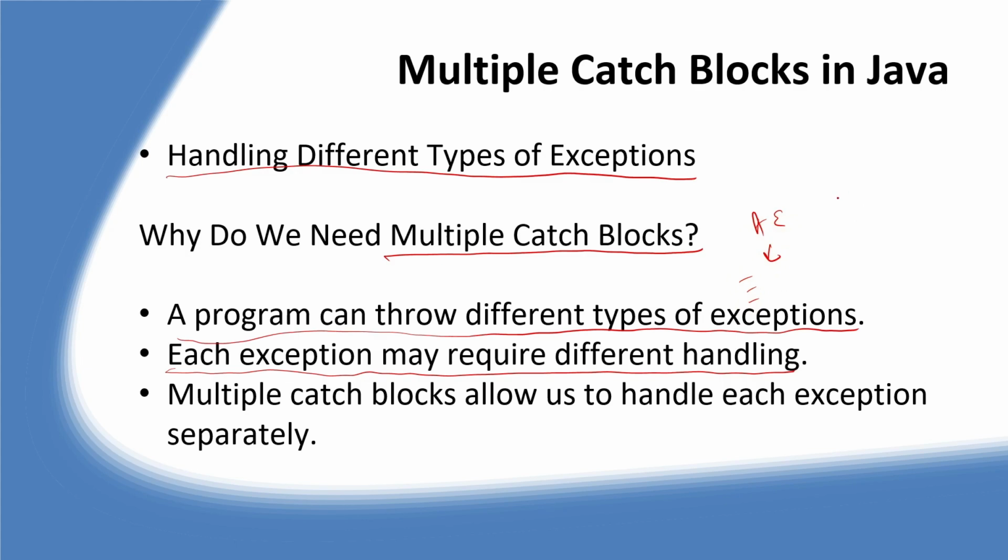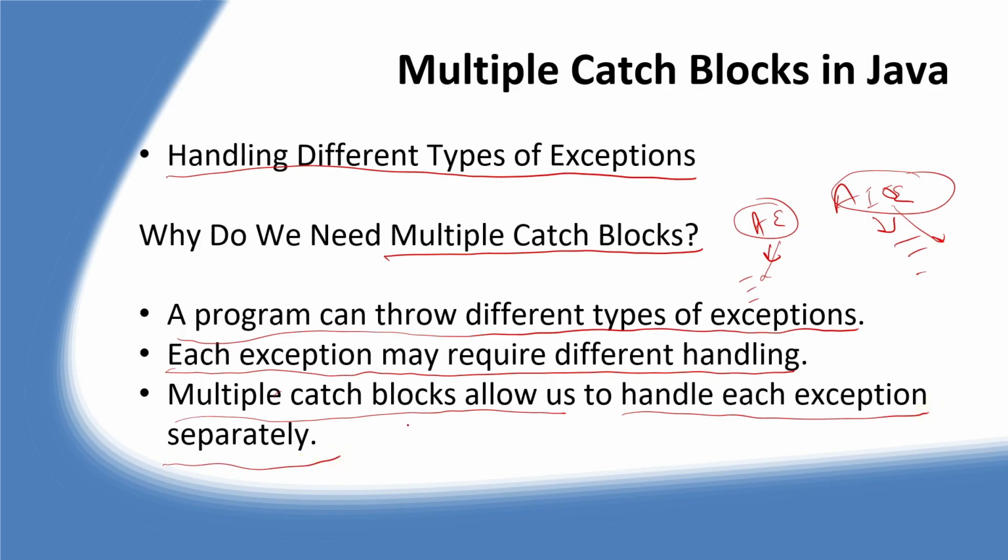And if I am getting an array index out of bound exception, then I will be doing something else in the code. Based on the exception we are getting, we will perform certain actions. That's why we need multiple catch blocks, which allow us to handle each exception separately.